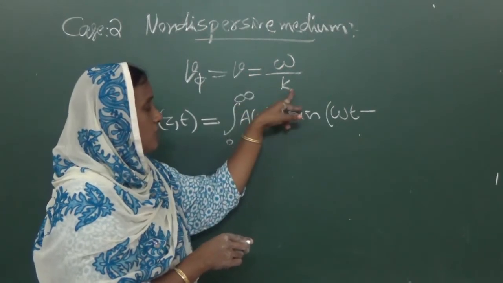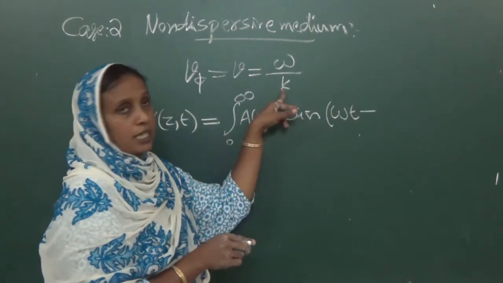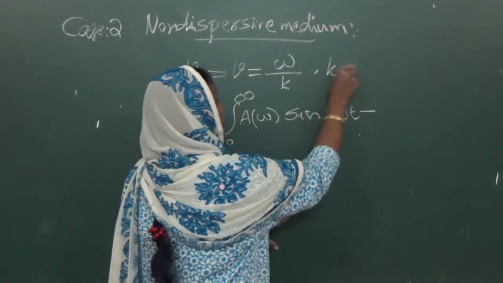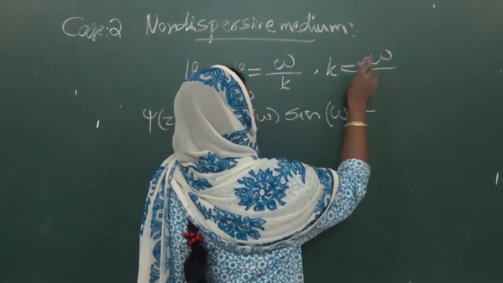here there is v equal to omega by k. From this equation we can substitute for k. All of you know that here k equal to omega by v.